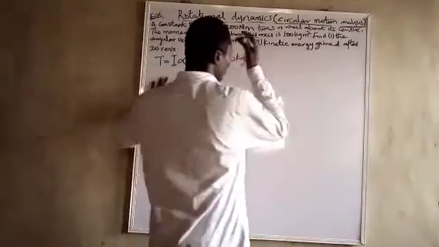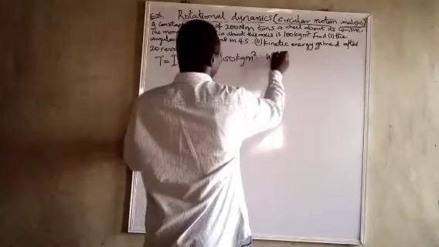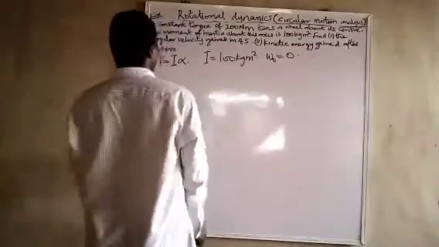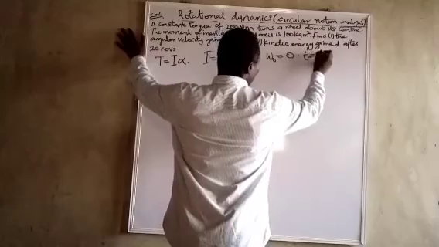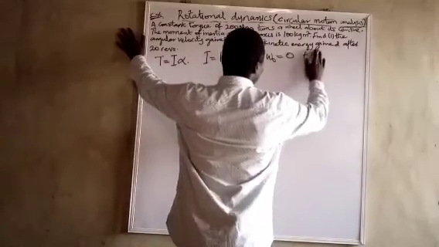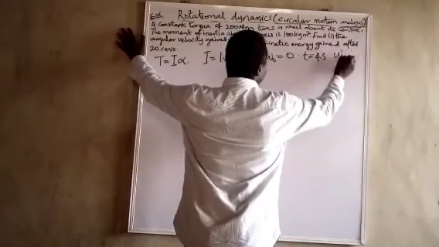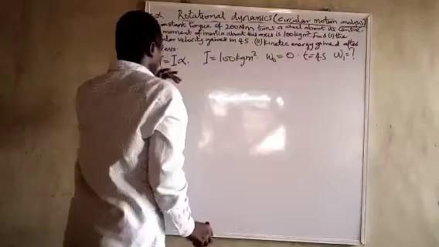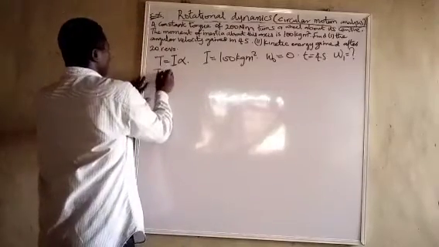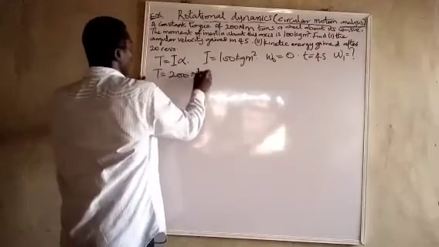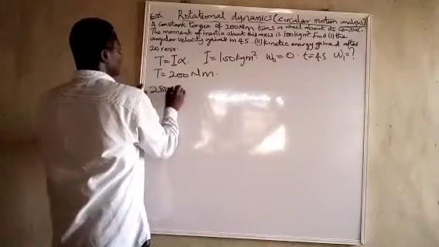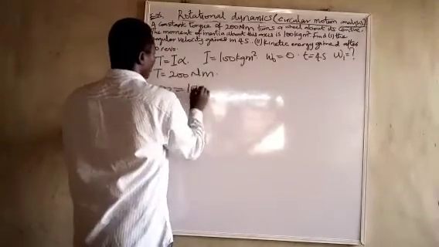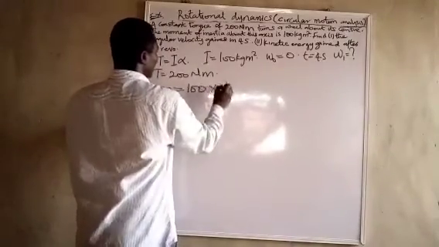Initial angular velocity is 0. We are asked to find the angular velocity gained after time t, 4 seconds. We are told that the torque is 200 Newton meter. Therefore, 200 Newton meter is equal to 100 times alpha.